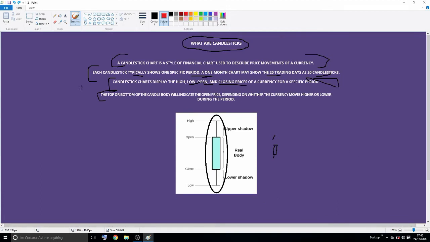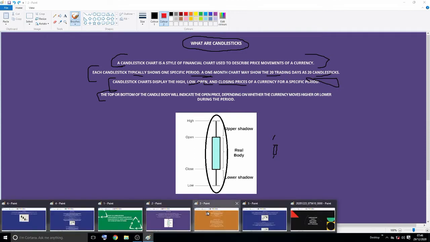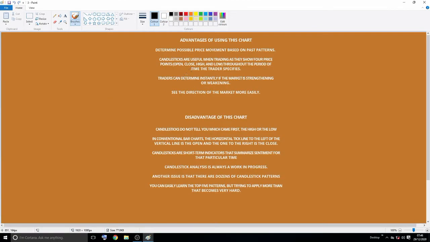You can just look at the candlestick and know exactly what the price did when it got there. So there are different kinds of candlesticks that you are going to learn about, and they all have different names. Now let's continue to the slide where I talk about the advantages and the disadvantages of this candlestick chart.